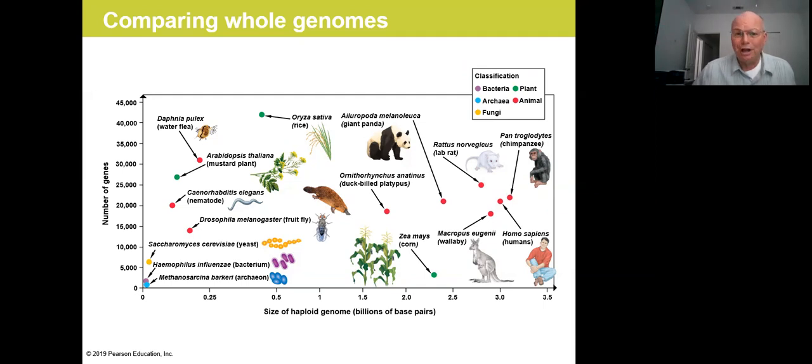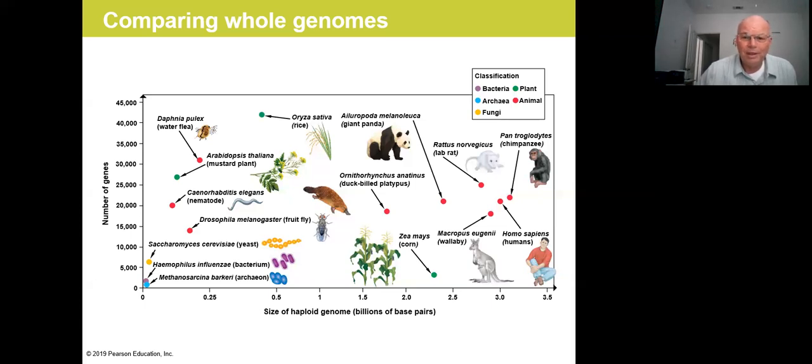So the human genome, in terms of sequencing the genome, involved 24 chromosomes, not 23, because we had to sequence both the X and the Y chromosome. Now, one of the things that is really interesting here is that the number of genes and the size of the genome has nothing to do with the complexity of the organism.